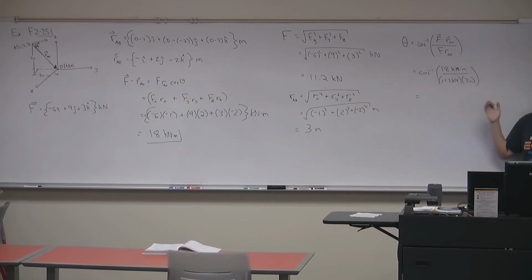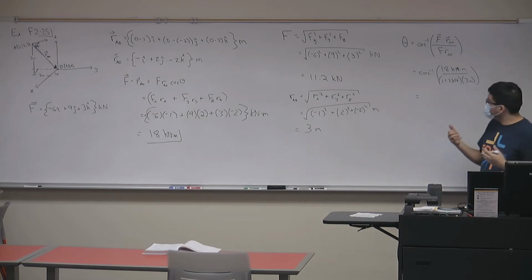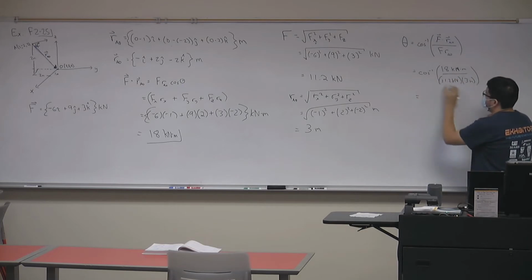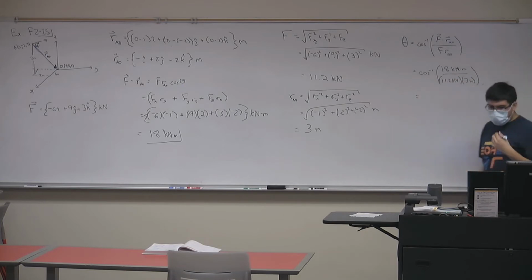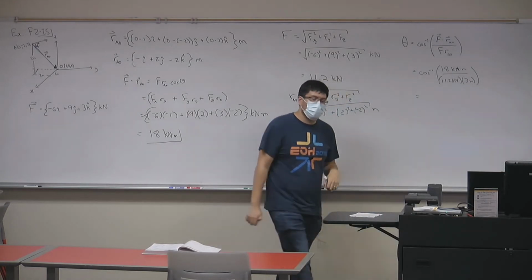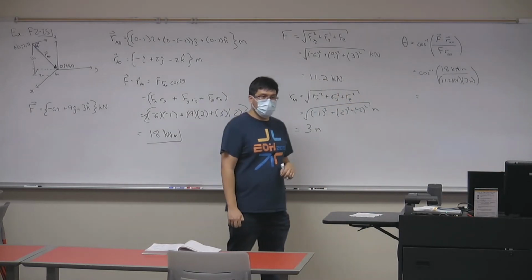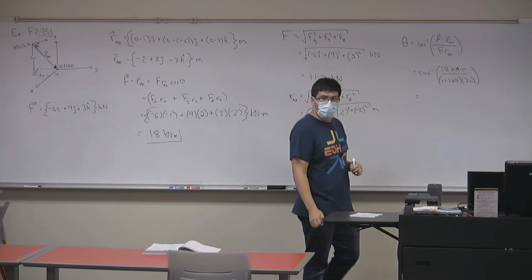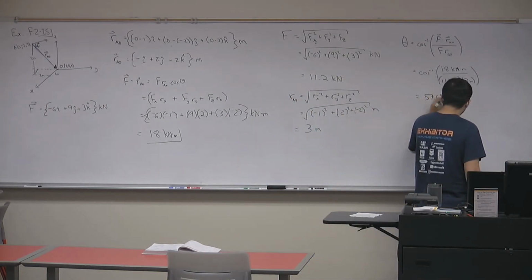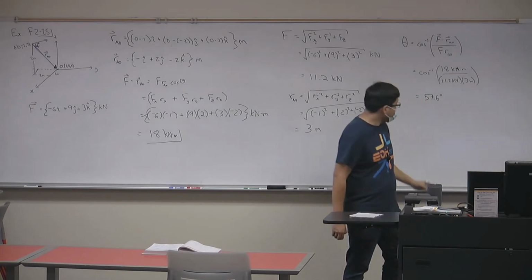They all cancel out, right? It's good because our angle is going to be in degrees. So we're going to get inverse cosine of 18 over 11.2 times 3. How much is that? Let's use degrees this time. 37.6 degrees. Can somebody confirm that value? Yeah, good.